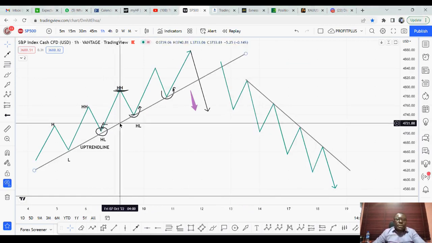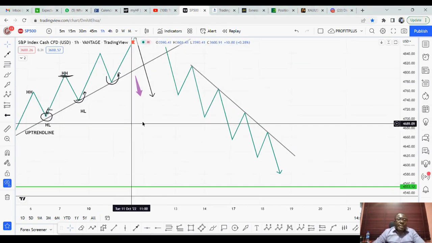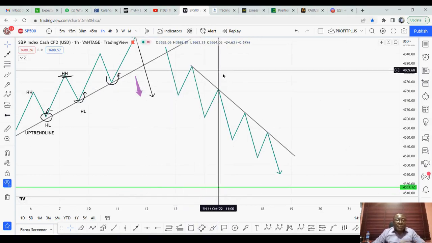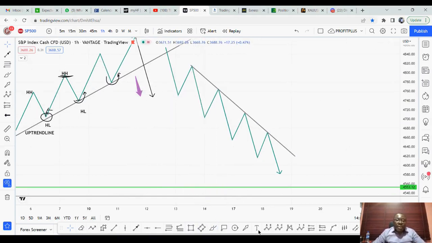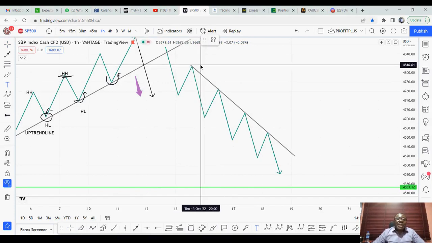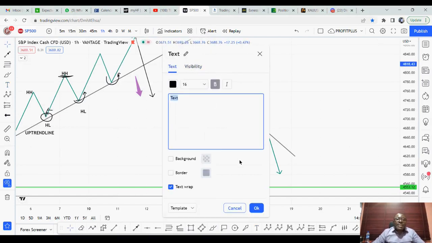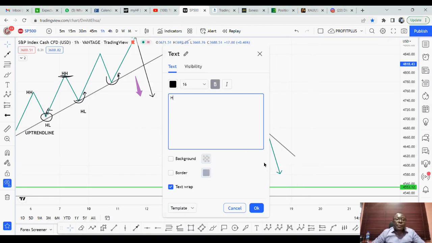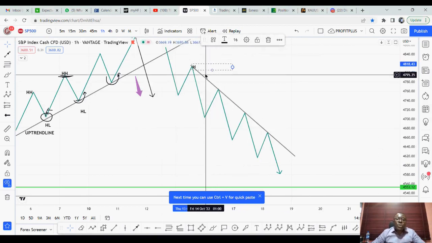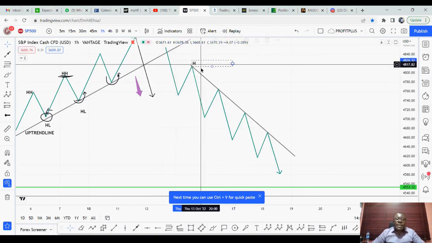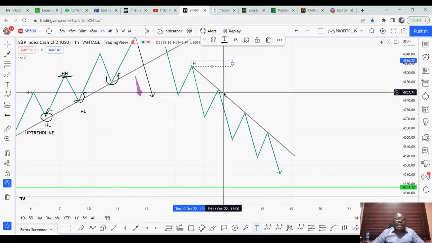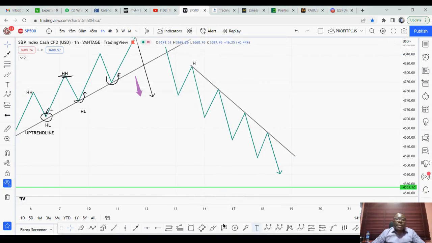Okay? Now, we said that this is an uptrending market, and the second one is a downtrending market environment, and this time around you are going to draw the downtrend line at the highs, not the lows, at the highs. So this is the high, and you can see the next high is actually a lower high.